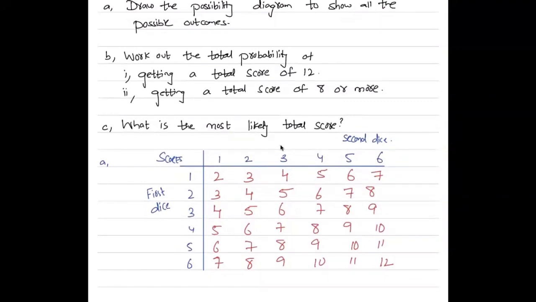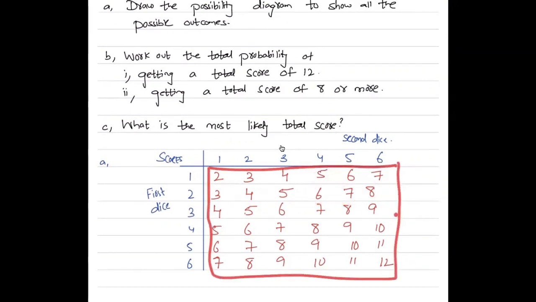Now, the second part says, work out the probability of getting a total score of 12. How many total options are there? 1 and 1 is going to give you a score, 1 and 2 is going to give you a score, 1 and 3 is going to give you a score. So if you count all these possibilities, okay, there are 36 possibilities, right?